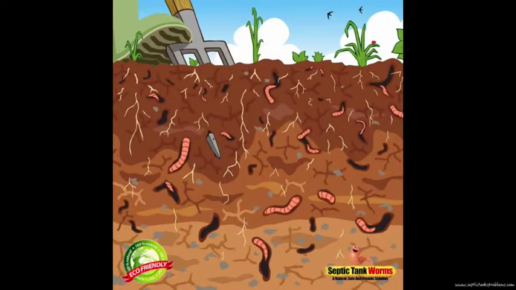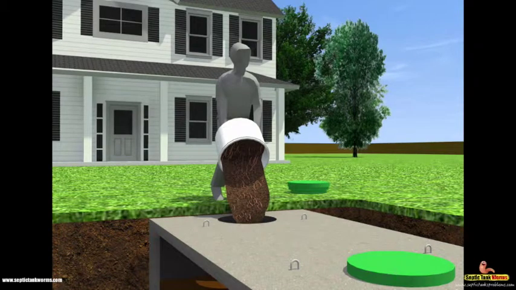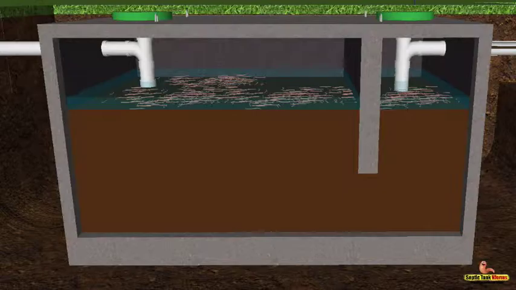For thousands of years, worms have been living underground, eating rotten and decaying waste and converting it into clean organic matter. Step 1. Once you've received your bucket of worms, simply remove the lid off the septic tank, remove the lid off the bucket of worms, and pour the bucket of worms and bedding into your septic tank.